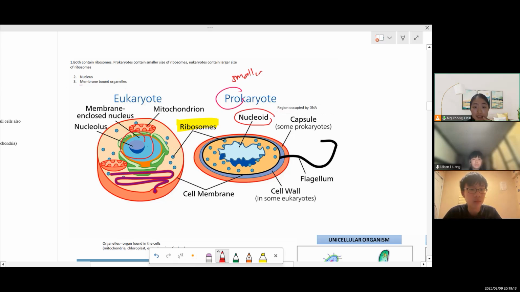You can see this eukaryote cell has a lot of them: the nucleus, mitochondria, ribosome, and also the endoplasmic reticulum and Golgi apparatus. A lot of these organelles are found in the eukaryote cell. However, in the prokaryote cell, you can't see much organelle. You only see just the DNA and the ribosome. That's all. They don't have any organelle, so we say that prokaryote lack membrane-bound organelle. This is what we mean.